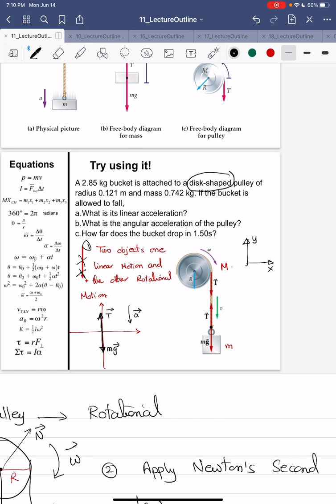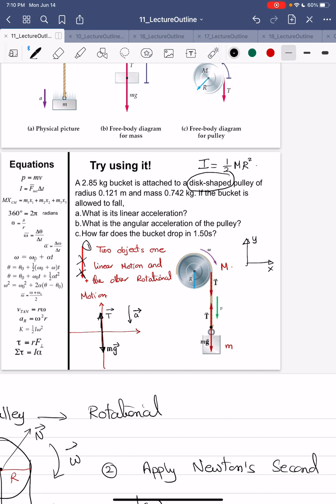A 2.85 kilogram bucket is attached to a disc-shaped pulley. Why this is important is because knowing that it is a disc, its moment of inertia is 1/2 mr squared. And you're gonna get these from your table in the textbook. Radius is 0.121 meter and the mass of the pulley is 0.742 kilogram.